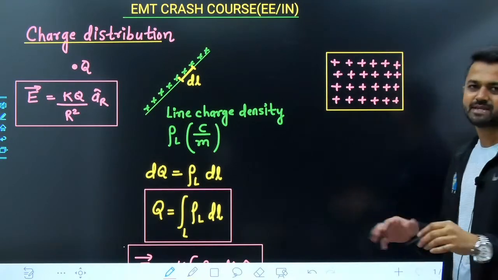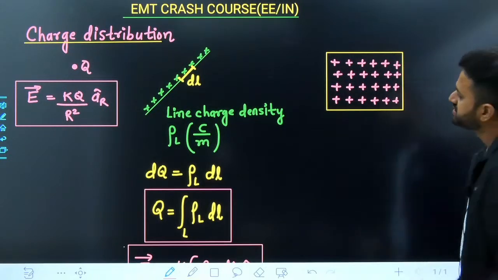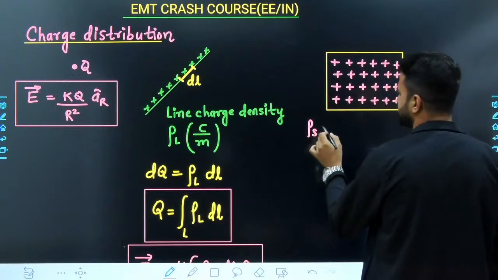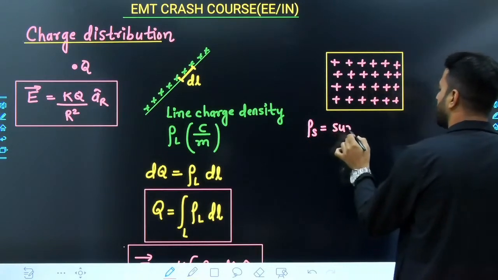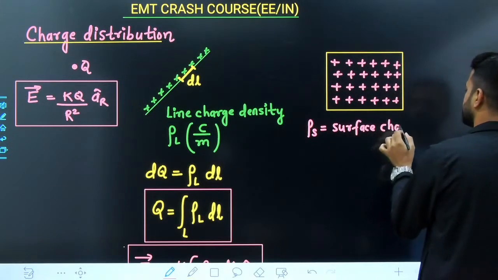When the charges are present in a plane or any surface, it is defined by rho s, and it is called surface charge density.